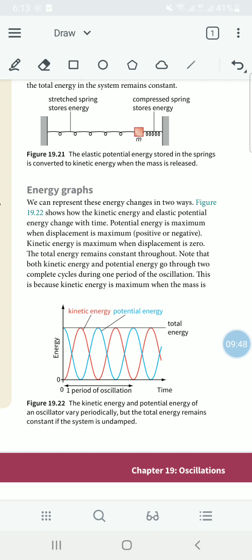Leave a line and write: when this energy change is represented graphically, we can obtain two different representations.